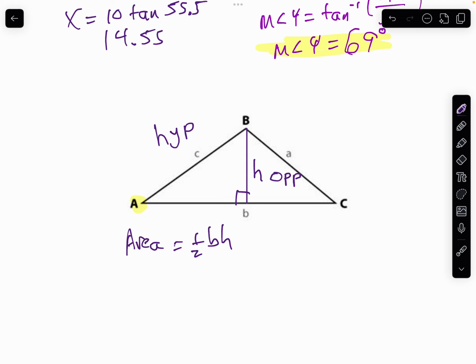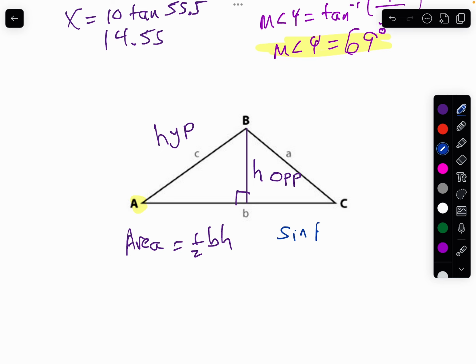So I'm going to say this: the sine of angle A equals h over c. Now I want to come up with an expression for h, so I want to multiply by c.